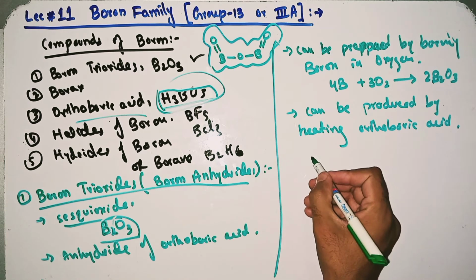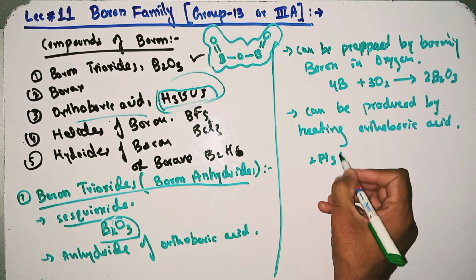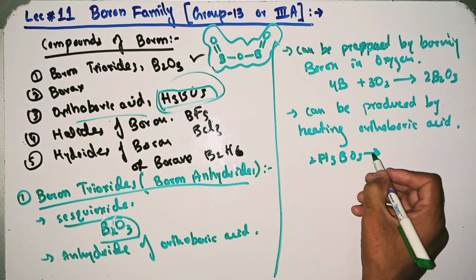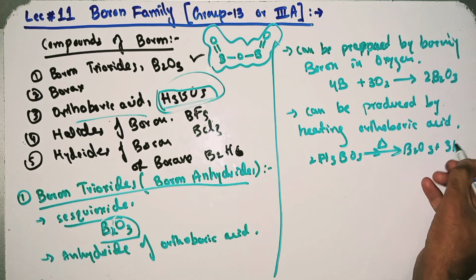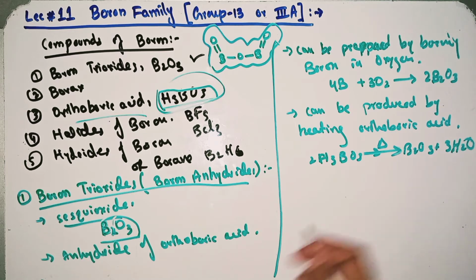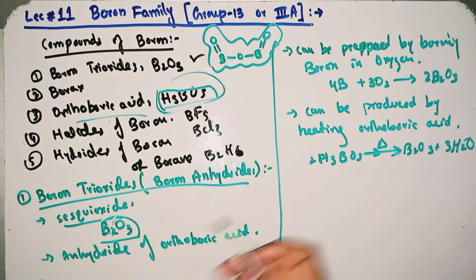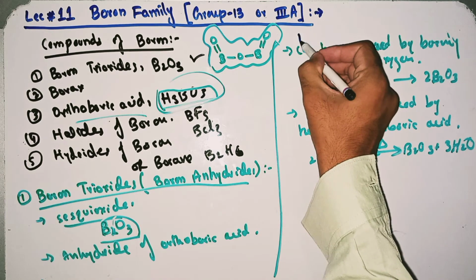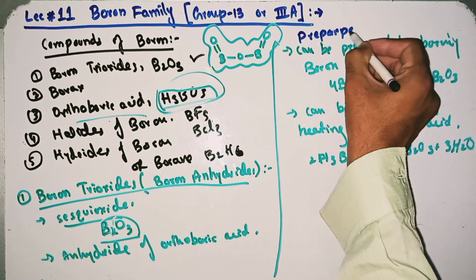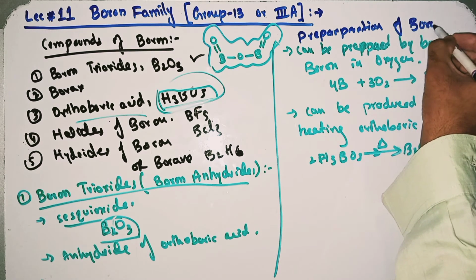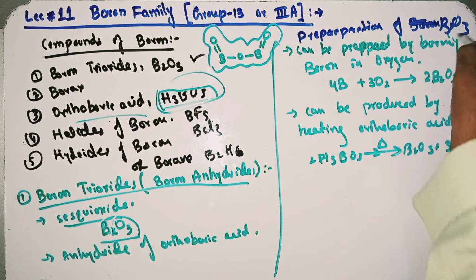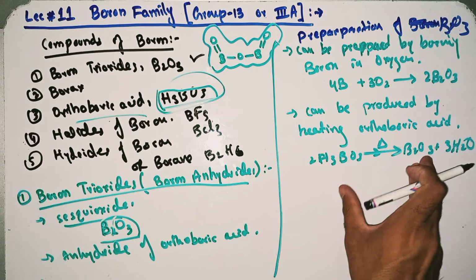For example, 2H3BO3, when strongly heated, produces B2O3 plus 3H2O, meaning a dehydration process occurs. Is it clear? These are the preparations of boron trioxide, B2O3, that I explained to you.